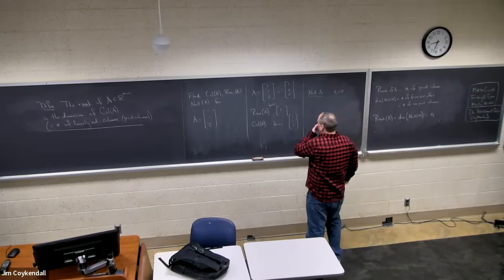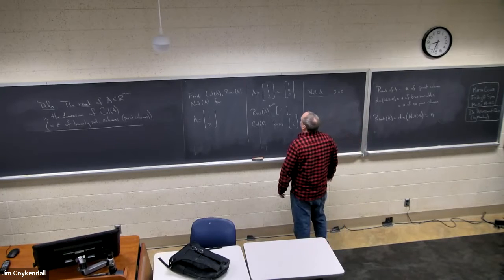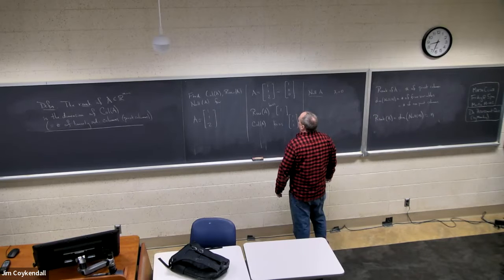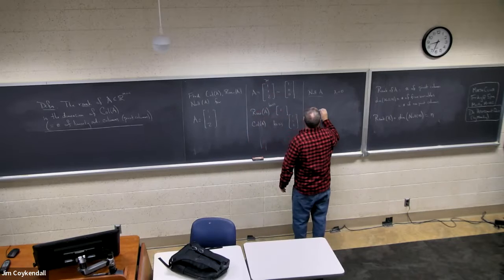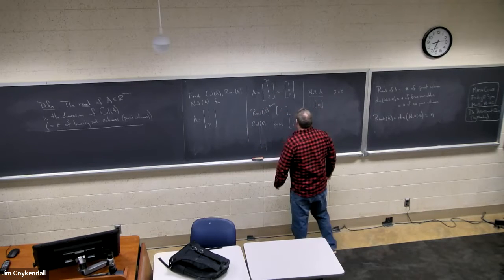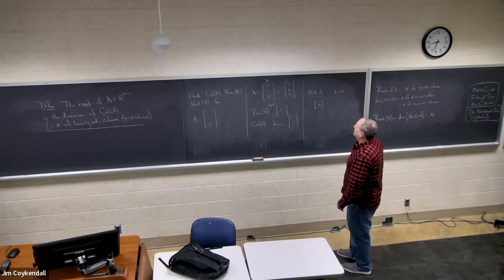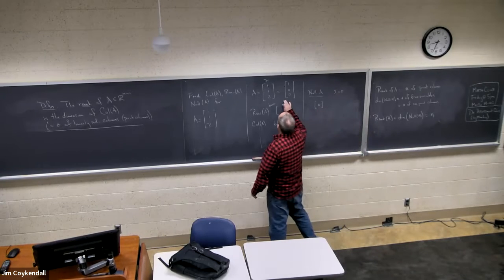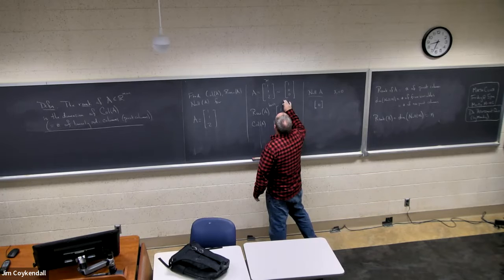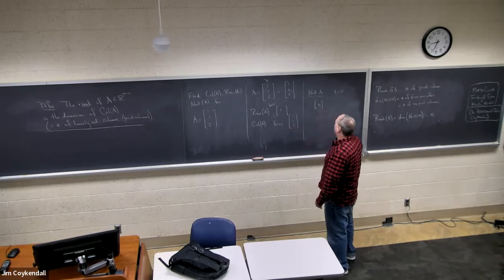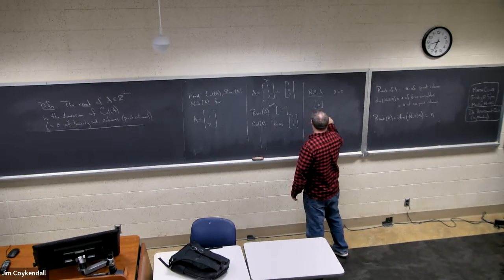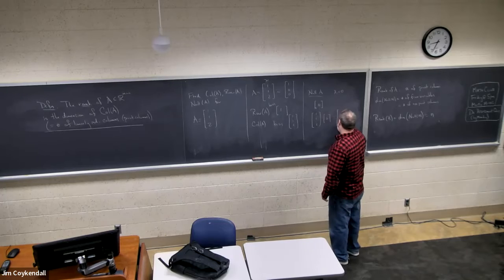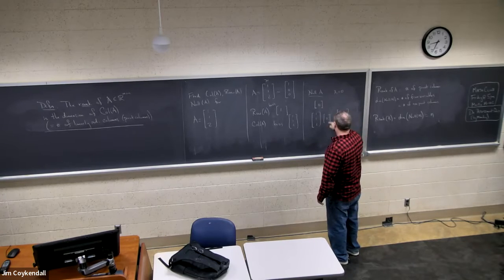So the null space is 0. This is a vector: this row, this column.